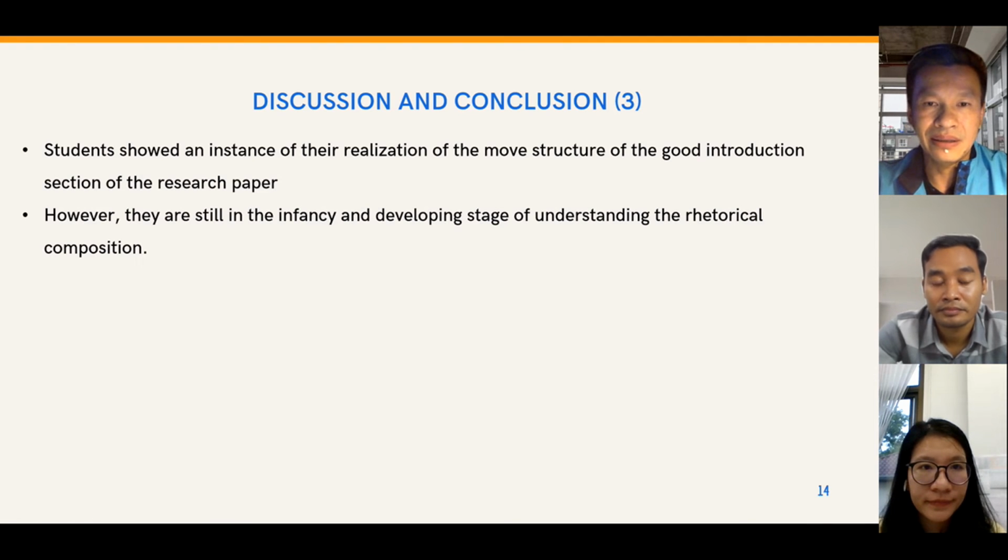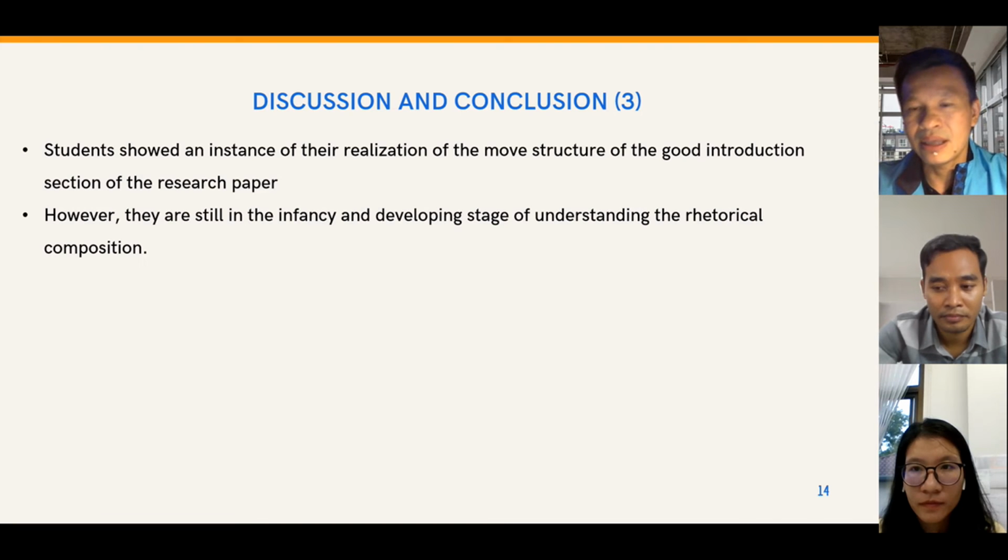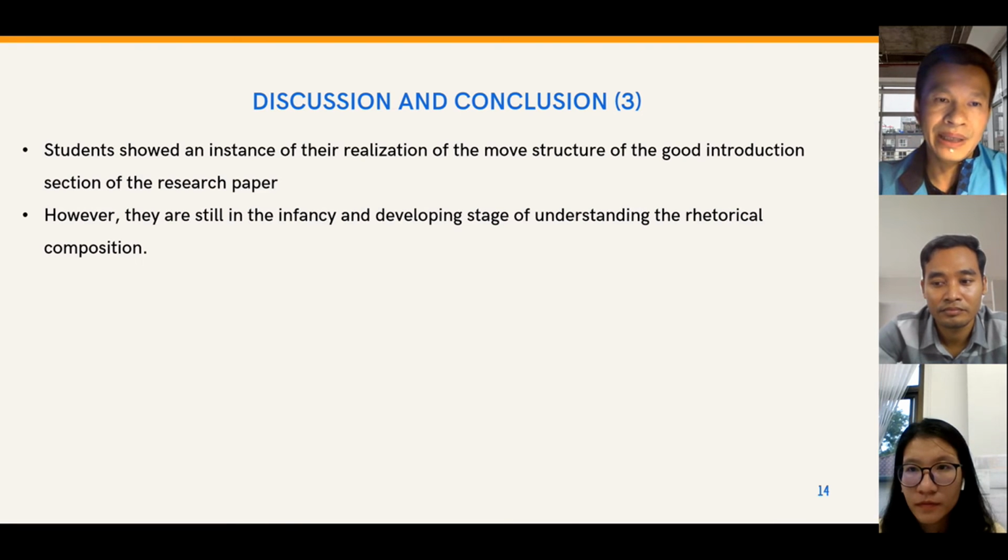The first type is the tense choices, and the second type is the negative openings. The tense choices are observed across the deployment of the three-move structure from Move 1, Move 2, and Move 3. And the negative openings are part of Move 2.